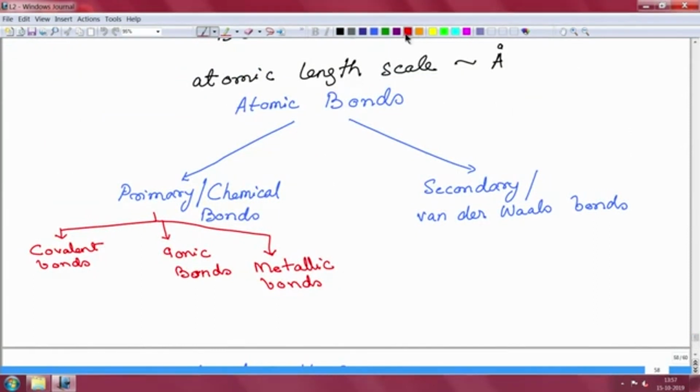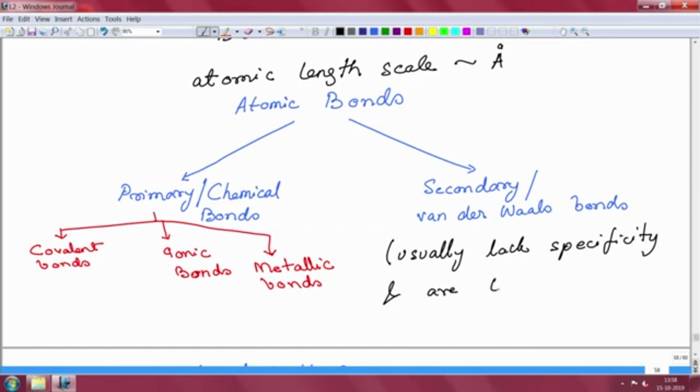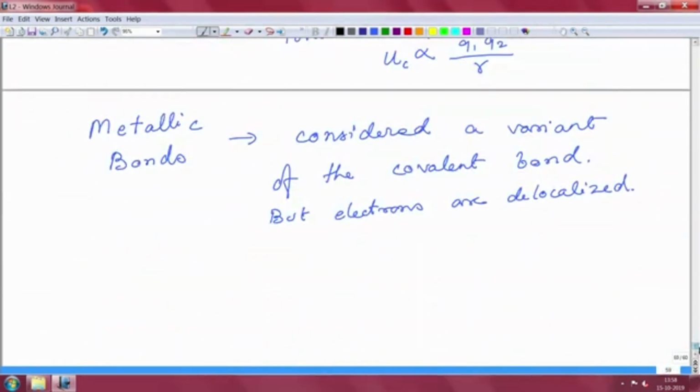In comparison to the primary bonds, they lack specificity, and obviously are going to be less directional. But what are these bonds? What are van der Waals bonds?